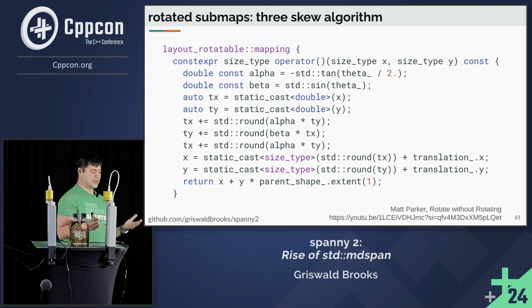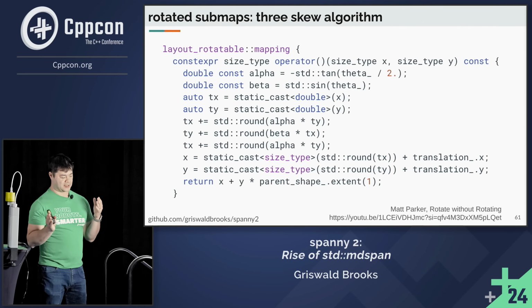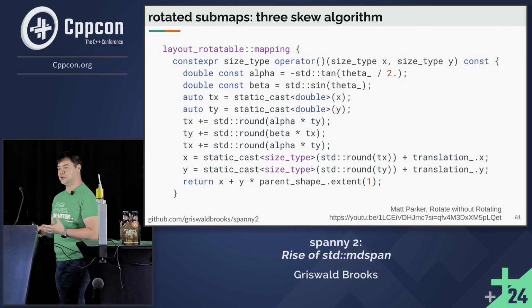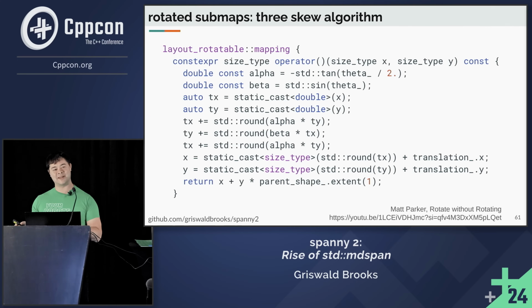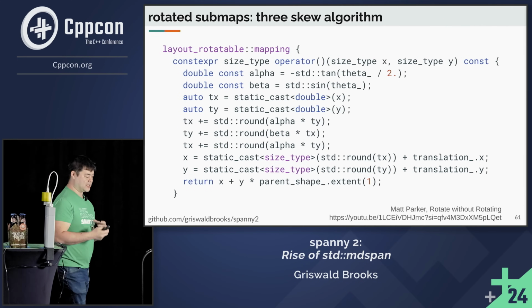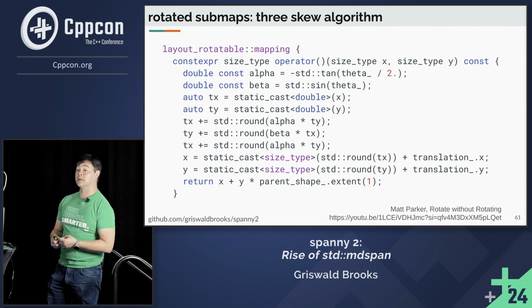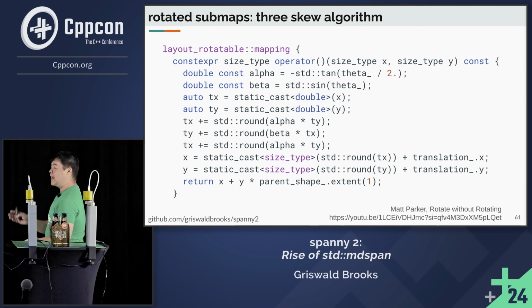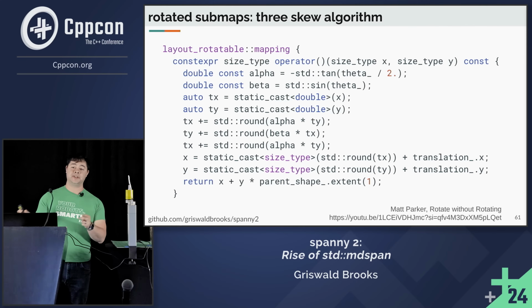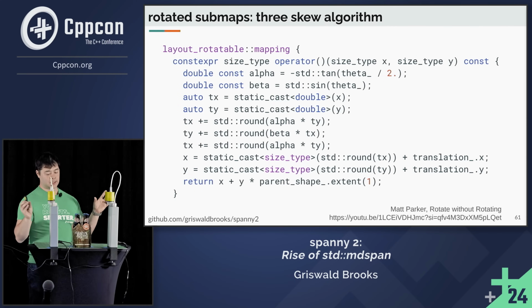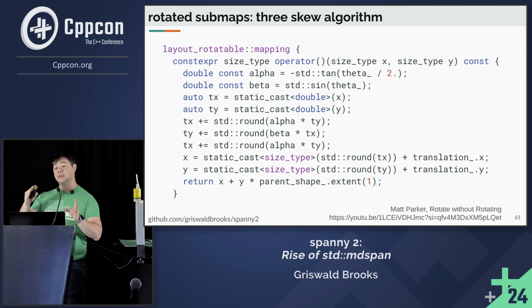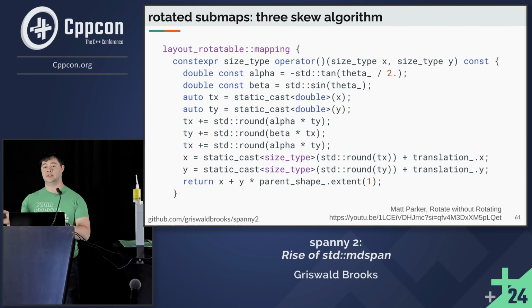And I don't know if any of you guys watch this thing called YouTube. There's a couple people in this room who are on YouTube, but there's this mathematics comedian called Matt Parker, right? And I watch his stuff all the time. And I watched an episode of his where he described this algorithm called the 3-skew algorithm, which actually uniquely rotates a set of pixels by shifting them 3 times.